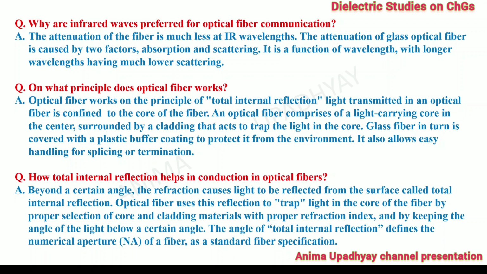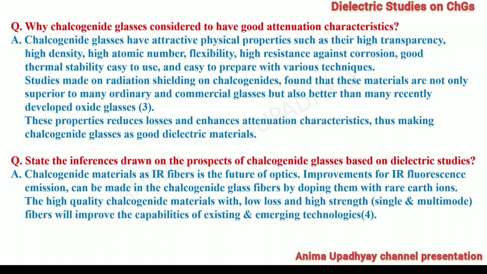Why are chalcogenide glasses considered to have good attenuation characteristics? Chalcogenide glasses have attractive physical properties such as high transparency, high density, high atomic number, flexibility, high resistance against corrosion, good thermal stability, and are easy to prepare with various techniques.